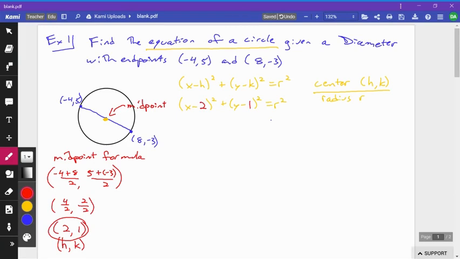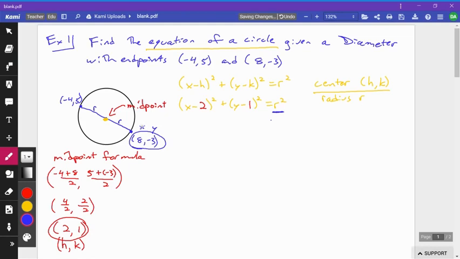So all I need to do right now is figure out what r is. So I have to just figure out the radius. Well, the good thing is I could either figure out the radius going to the point -4, 5, or I could figure out the radius going to the point 8, -3. So if I want to find the radius, I just plug one of these points in for x and y.